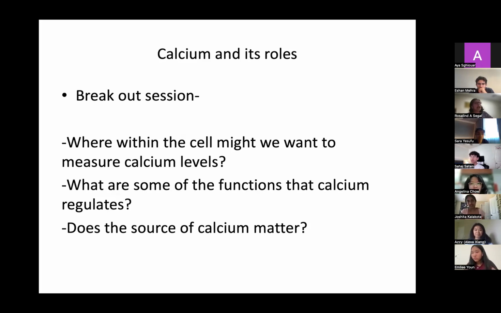Is that in the axon, in the endoplasmic reticulum, in the mitochondria, in the nucleus? What are some of the functions that calcium regulates? And does the source of calcium matter? Does it matter whether it came in through one kind of channel or another? Does it matter whether it came from outside the cell or from stores inside the cell?